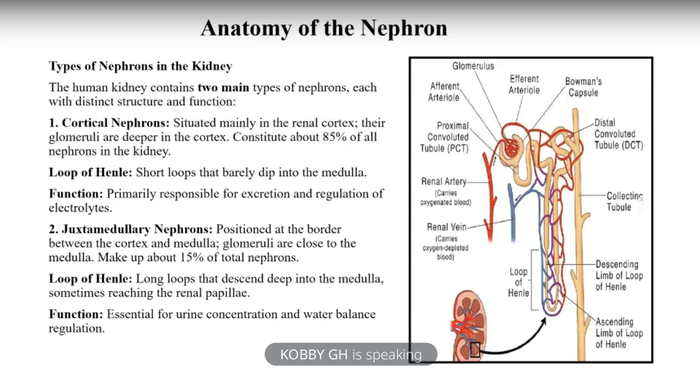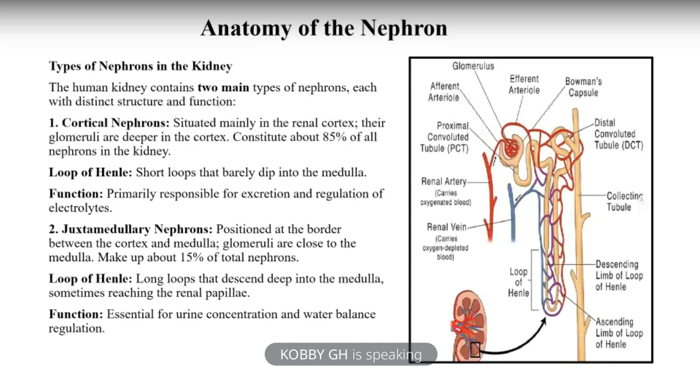Now that we understand the basic nephron, let us look at the two types of nephrons. Like I said earlier, there are two types of nephrons.